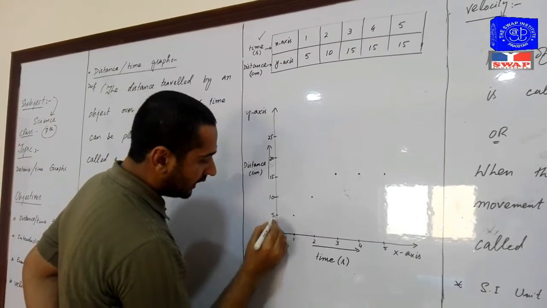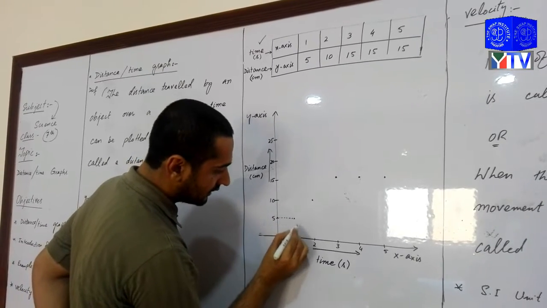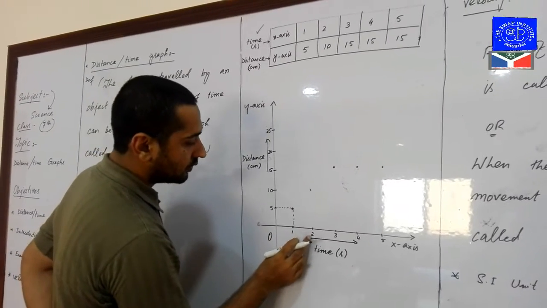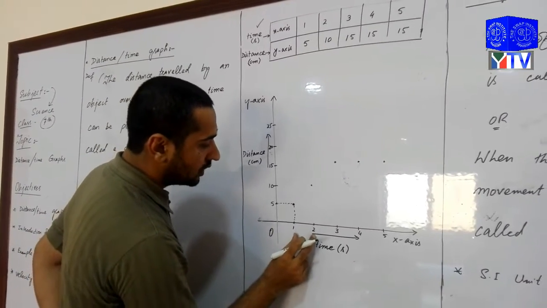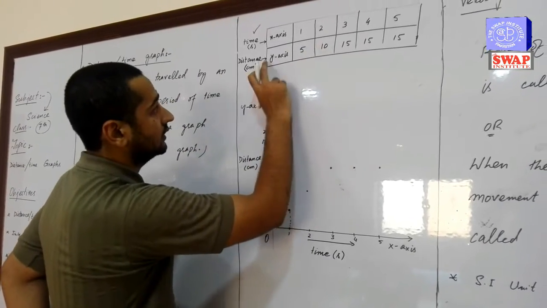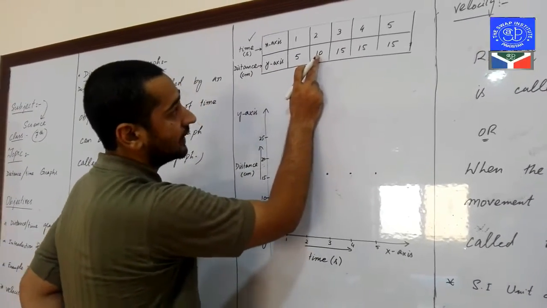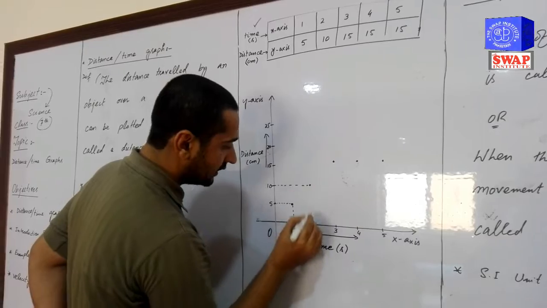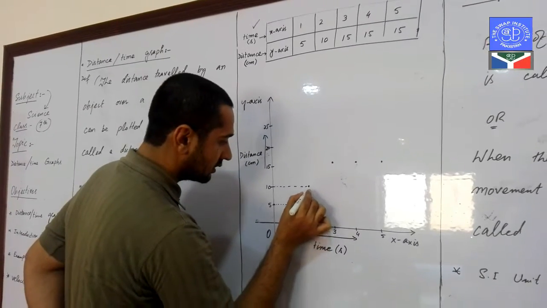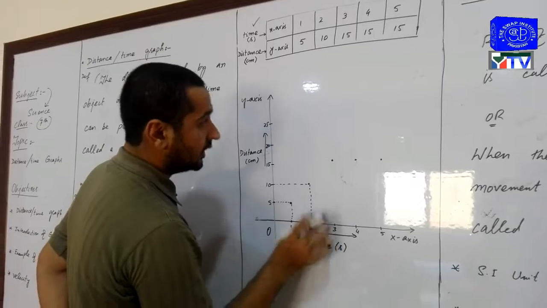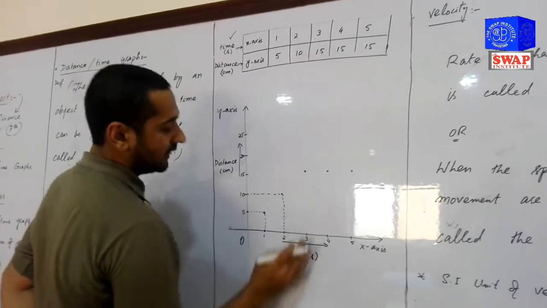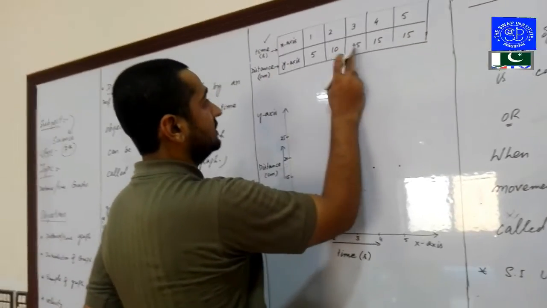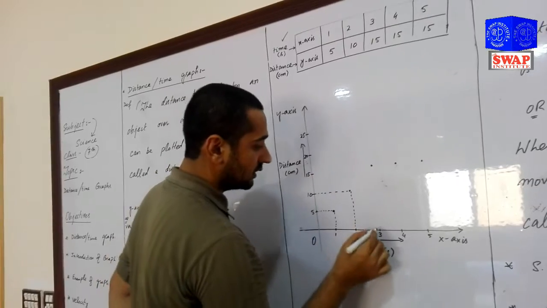So 1 and 5, we will take this point, and after 1 more second, at 2 seconds, the distance traveled by the body is 10 centimeters. So this one is the distance, and again after 1 second more, at the 3rd second, the distance is 15 centimeters.